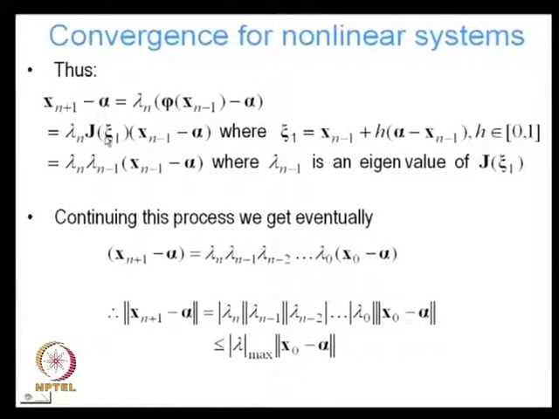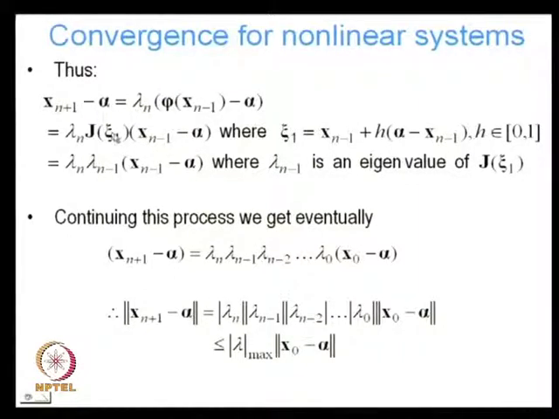So, I can write this as J of xi 1 times x n minus alpha, where xi 1 belongs to the interval between x n minus 1 and alpha. So again, x n minus 1 plus h times alpha minus x n minus 1, h belongs to 0, 1. Now I can write this in terms of eigenvalues and eigenvectors.